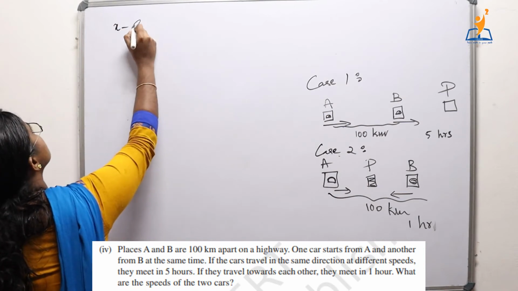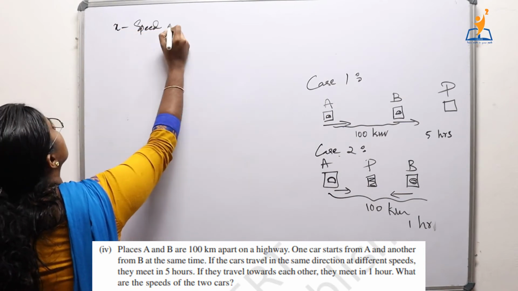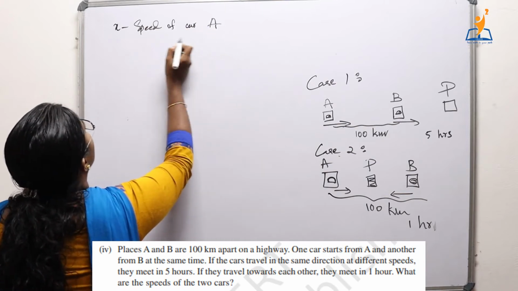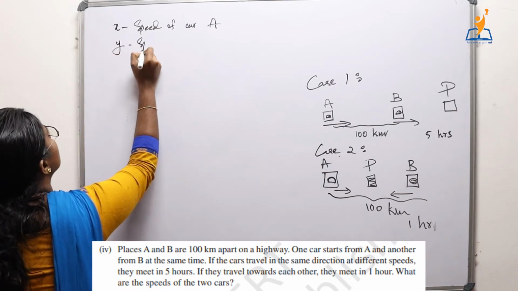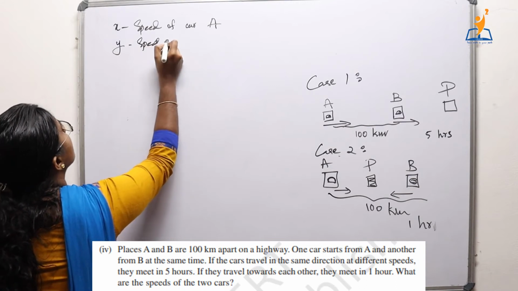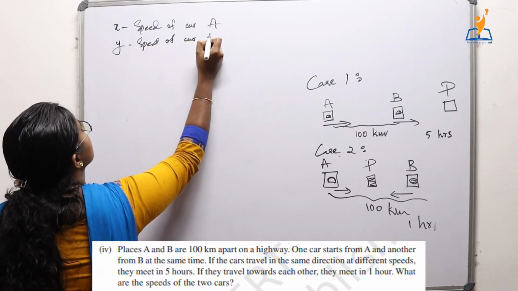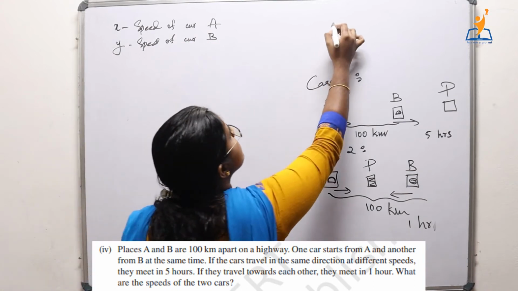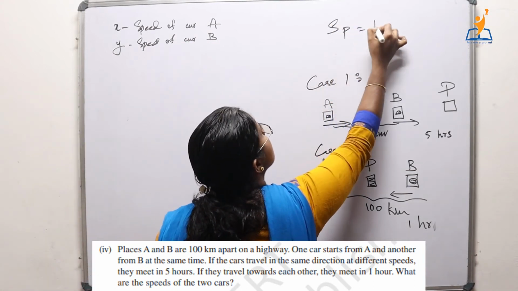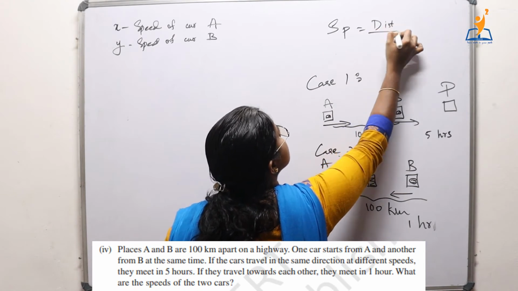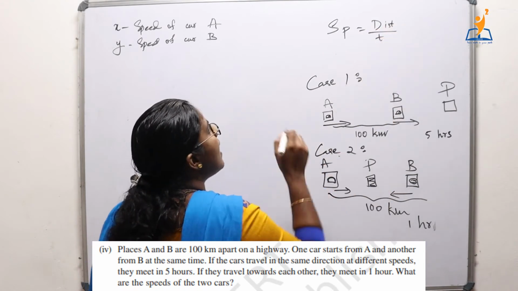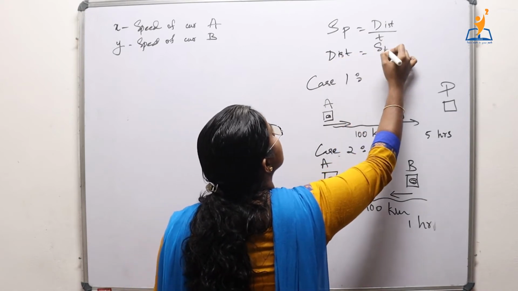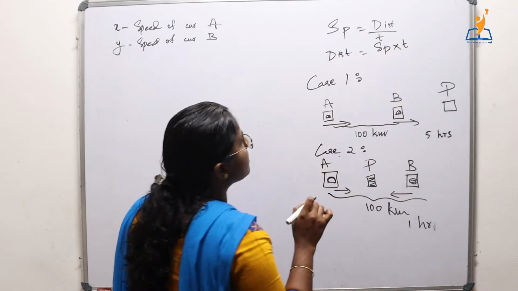Now let x be the speed of the car starting from A and y be the speed of the car starting from B. Now we know that speed is equal to distance by time, and from this we can find that distance is nothing but speed into time.